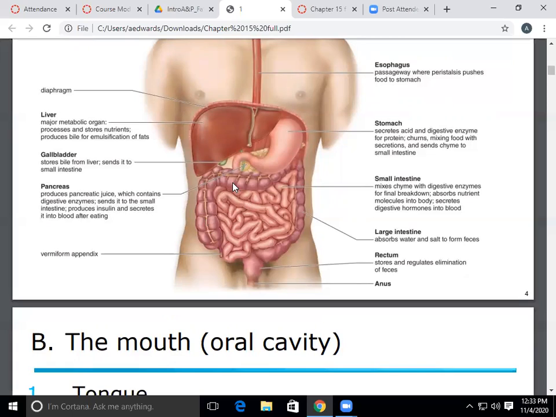Okay. Ascending, transverse, descending, also known as the colon. And it absorbs water and salt to form your feces. Okay, rectum is where your feces is stored and regulated, and it's released through the anus.